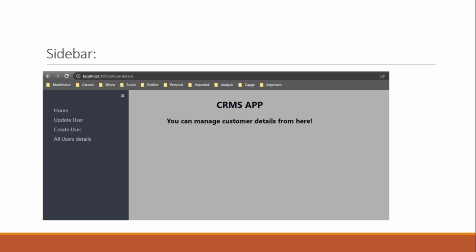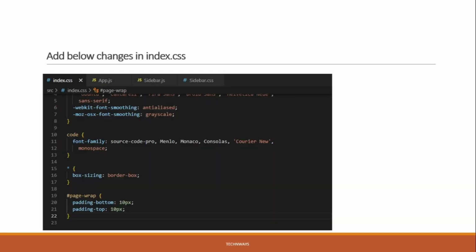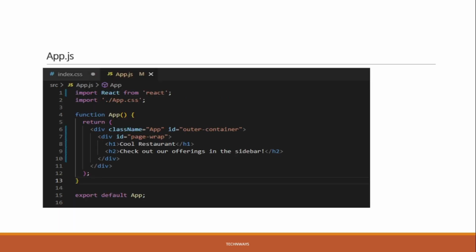We can see the menu bar, a list of menus on the left side. We can put this sidebar on the left or right, so we have both ways, but we are seeing the left side here. So what changes do we need to do? We need to add some more classes here.